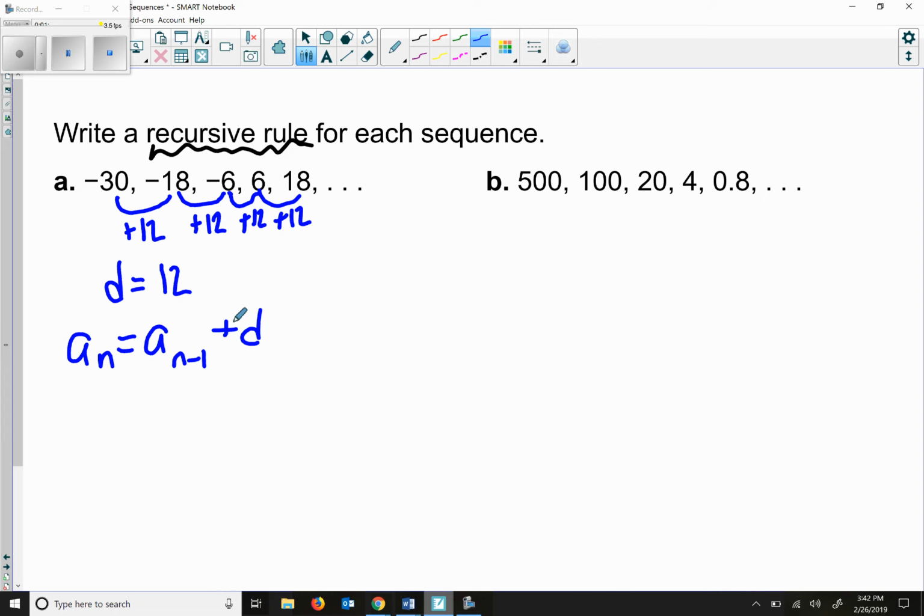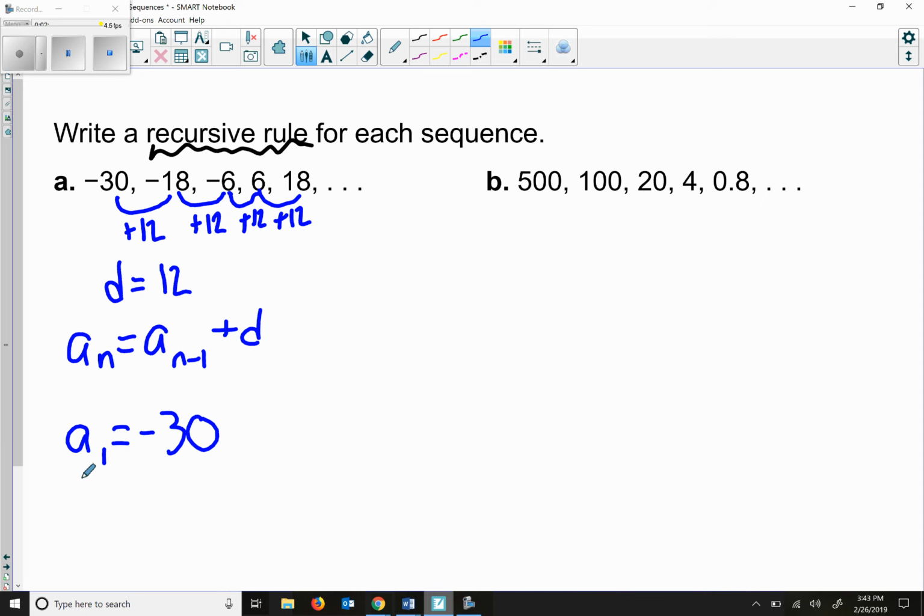So if you remember back to the definition for a recursive rule, a recursive rule gives the beginning term, in this instance just term singular, we don't need multiple. So our recursive rule needs to start off by saying that our first term, a sub 1, is negative 30.